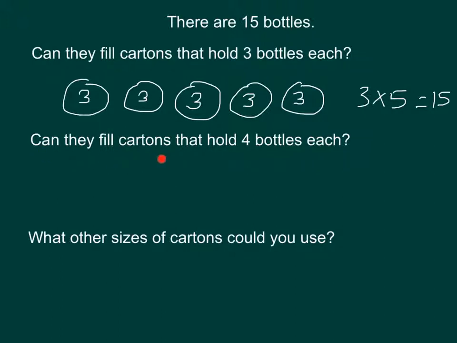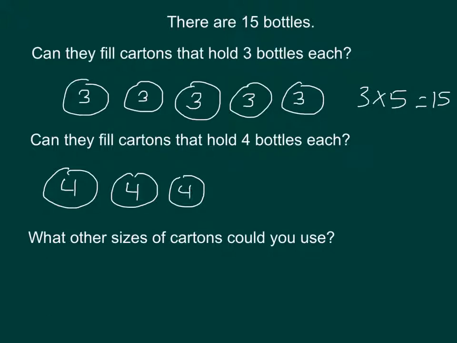Can 15 bottles fill cartons that hold 4 bottles each? No, they can't. When I try the same counting up strategy, 4 does not go into 15 evenly. So my second carton would give me 8.